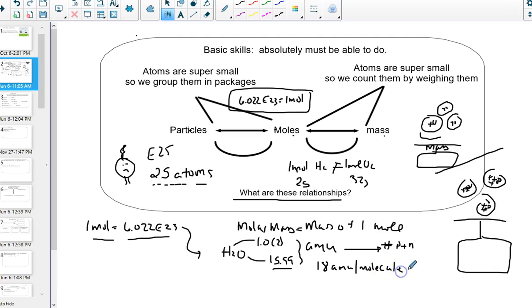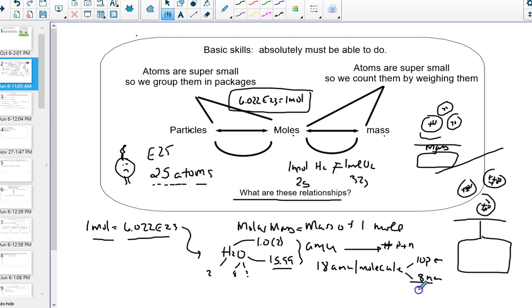That means that on average, there's oxygen with 8 protons, and how many neutrons we don't know, but there's 1 proton in each hydrogen. So on this thing, I've got 10 protons, and that's exact here, right? Exactly 10 protons. And on average, I'm real close to 18, so that's 8 neutrons on average.